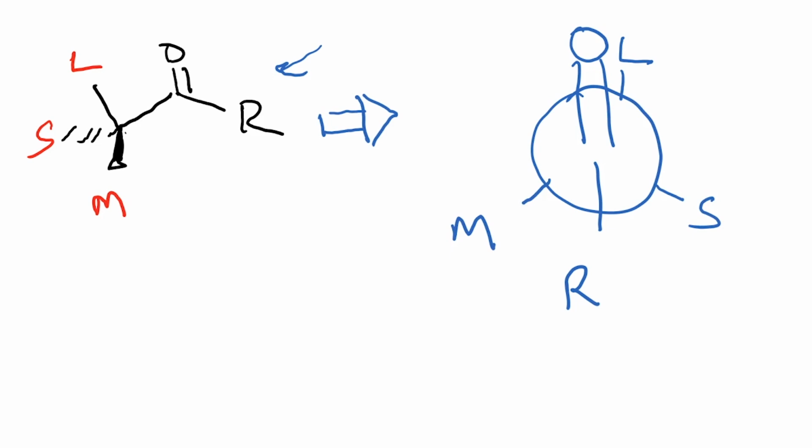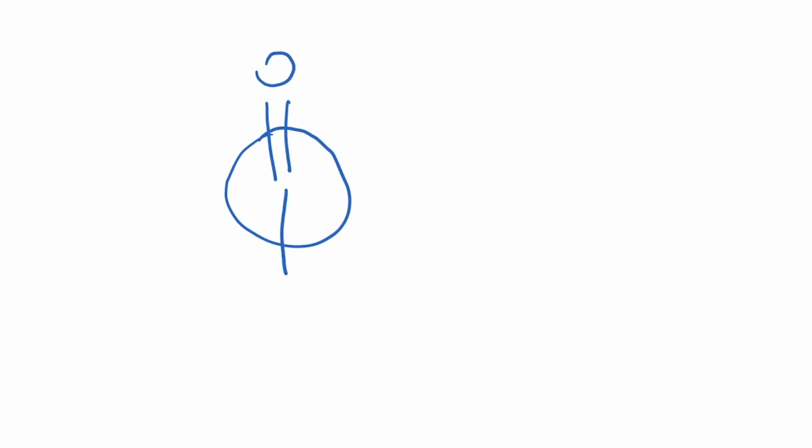But this is not the important conformation. In order for us to understand the model better, we need to draw it out in special conformations. The first one is this C double bond O R, where the large group is perpendicular. And now you need to rotate the previous conformation that I had drawn and draw out the correct ones.